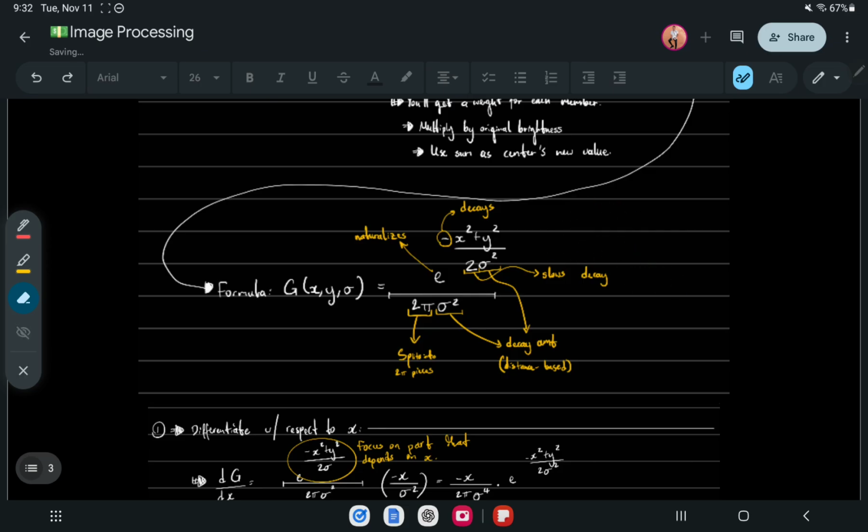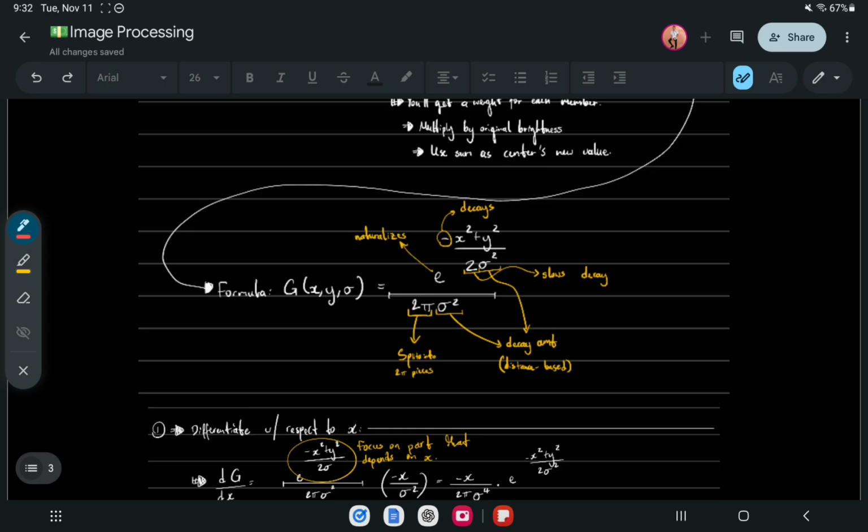Now that you know what the function does: this minus sign causes decay. The fact that we're using e, the exponential function, causes our decay to be natural.